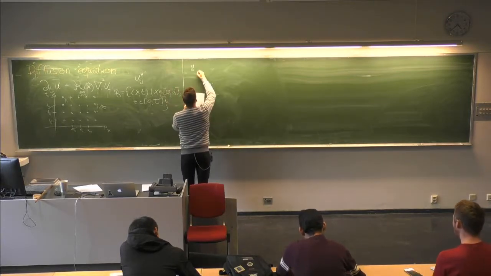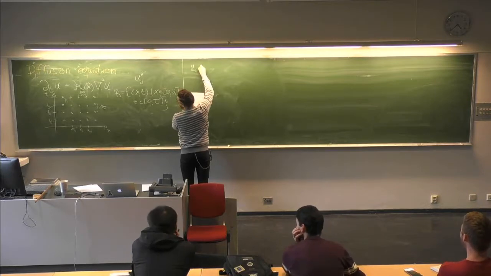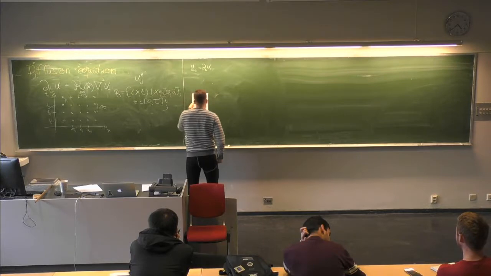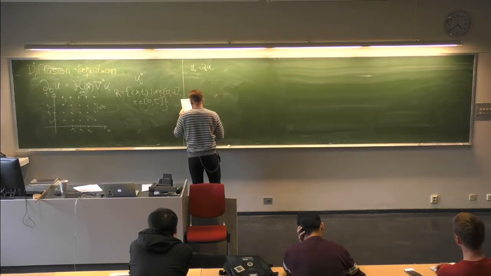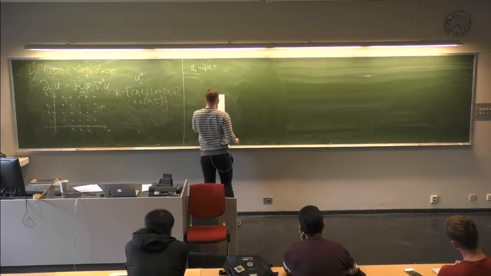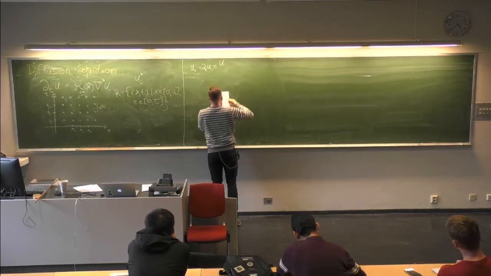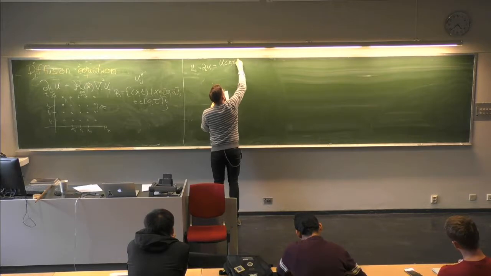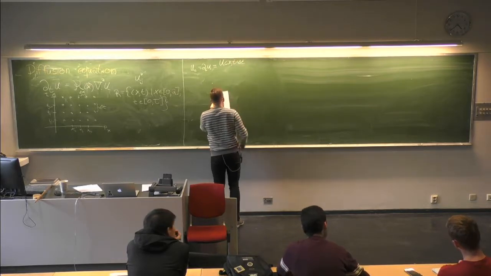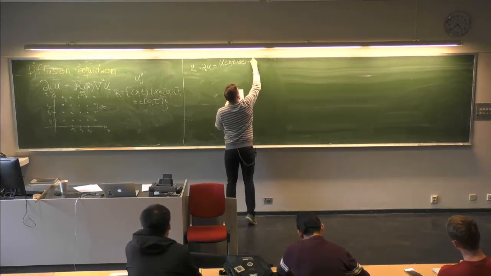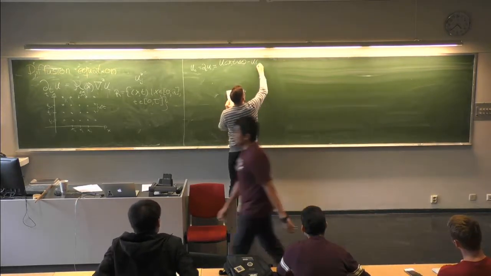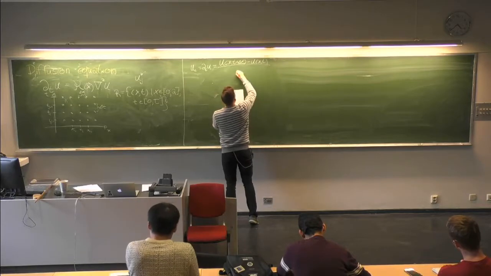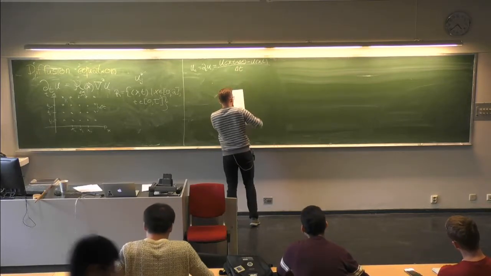The time derivative d t u, well, this way to discretize this is u of x, t plus delta t minus u of x, t over delta t.